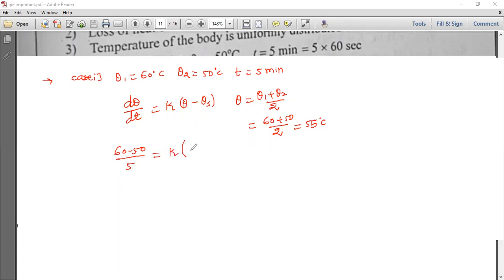This is k into (55 minus theta naught). Call this equation number 1. We can simplify more: 60 minus 50 is 10, so 10 by 5.